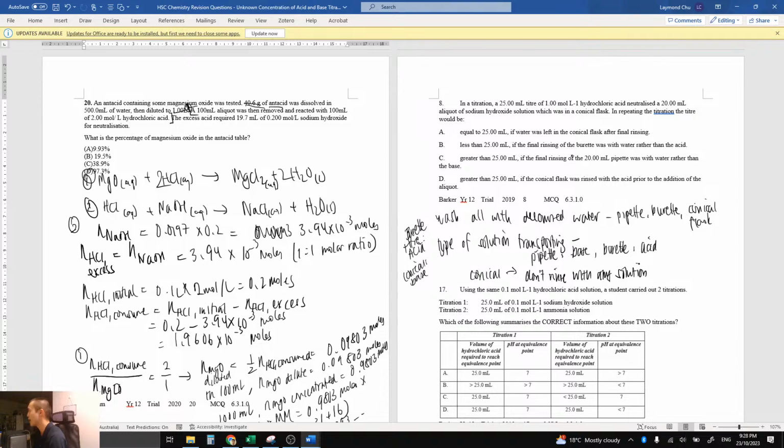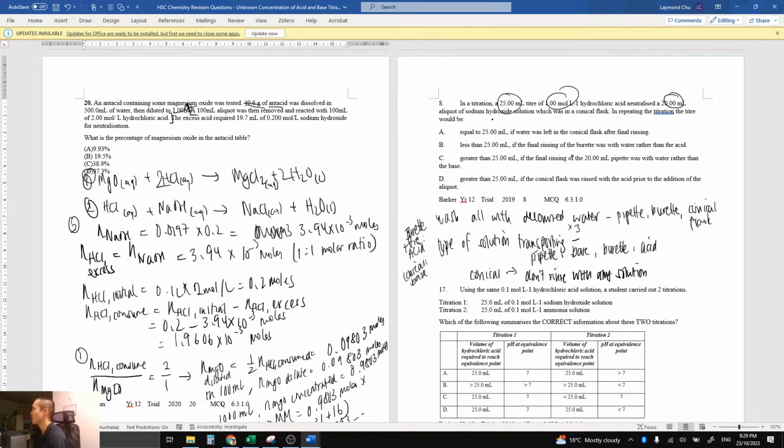We don't want to add any other moles of acid or base into this. So after the conical flask is washed with deionized water, forgot to specify 3 times, then we don't rinse the conical flask any further.